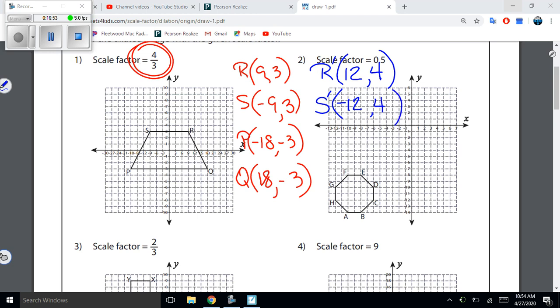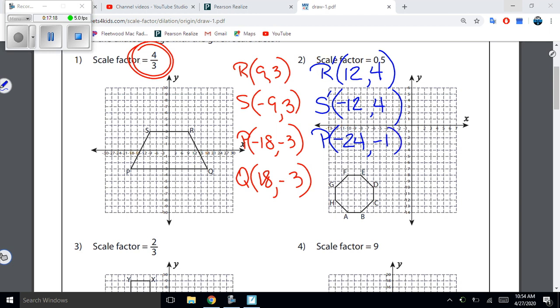I'm going to go P, which is going to be what? Negative 18 times 4/3 is going to be negative 24. And negative 3 times 4/3 is going to be negative 1.